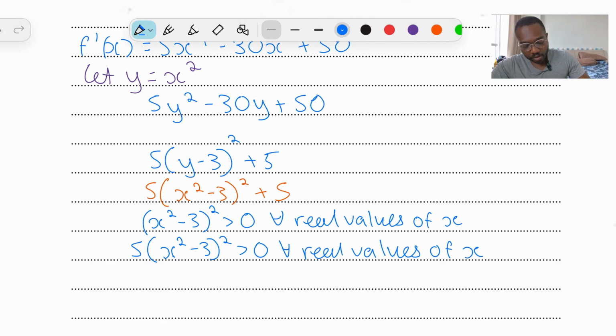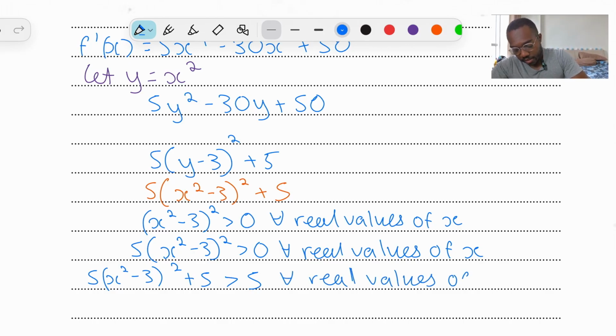And therefore, if we're always going to plus 5, well, we know that 5 times (x squared minus 3) squared plus 5 is actually going to be greater than 5, which in turn is also going to be greater than 0 for all real values of x. Therefore, what do we know?